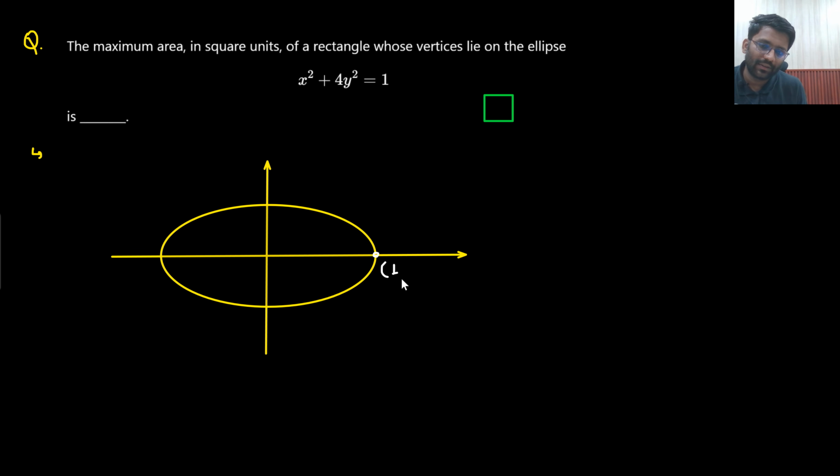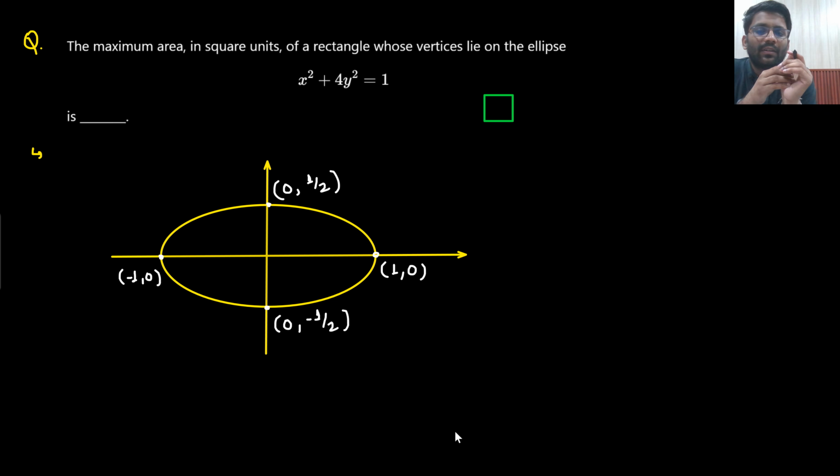At x equals 1, y is 0. At x equals minus 1, y is 0. At x equals 0, y is 1 by 2, and y is minus 1 by 2. Okay.